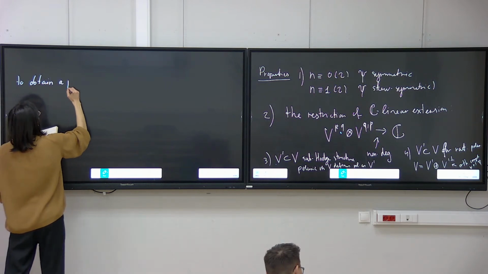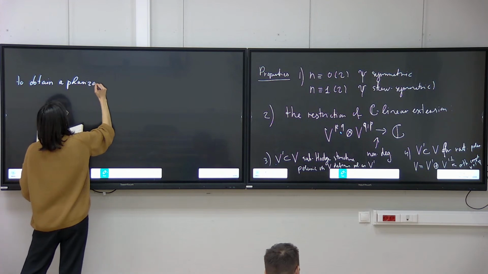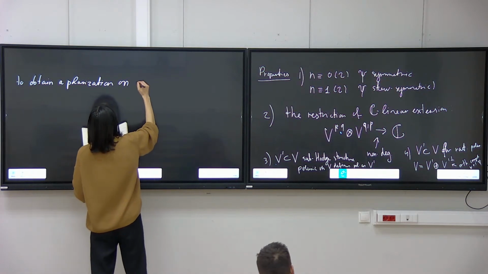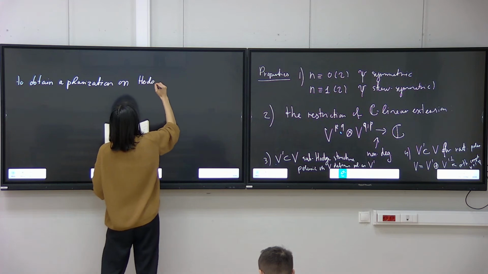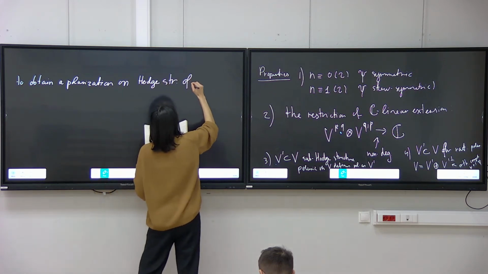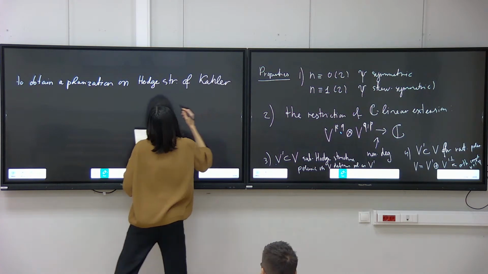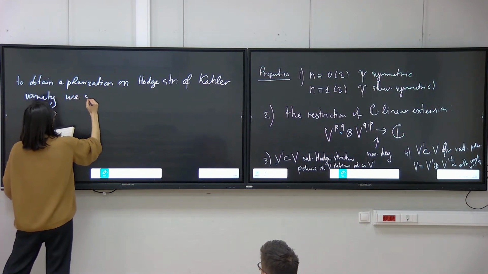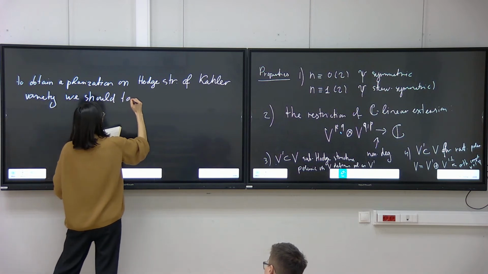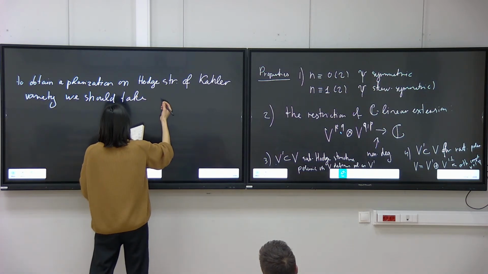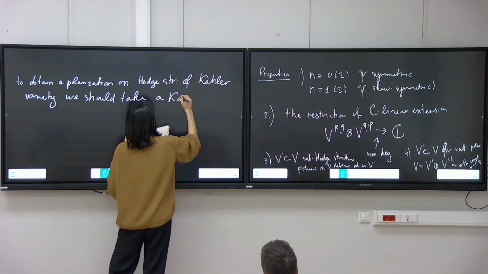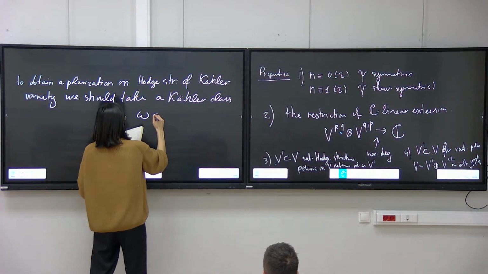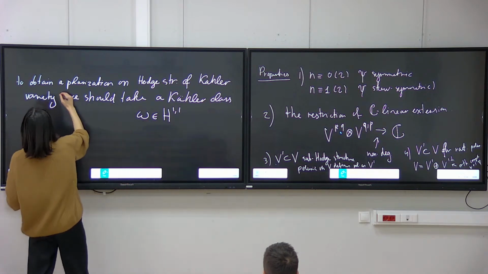To obtain a polarization on the Hodge structure of a Kähler variety, we should take a rational Kähler class omega of a Kähler variety X.